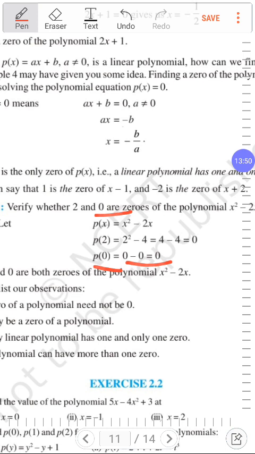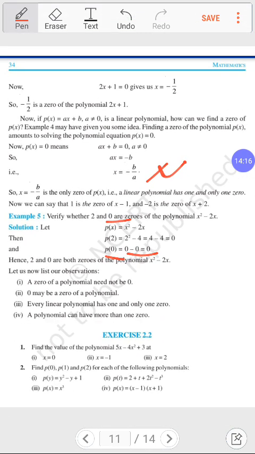Now just see, in both the cases the value comes 0. That means in a polynomial there can be two zeros also. But we had read that a linear polynomial has only one zero. What is the difference? The difference is that the upper one was a linear polynomial and the below one is a quadratic polynomial. So in a quadratic polynomial there can be two zeros.